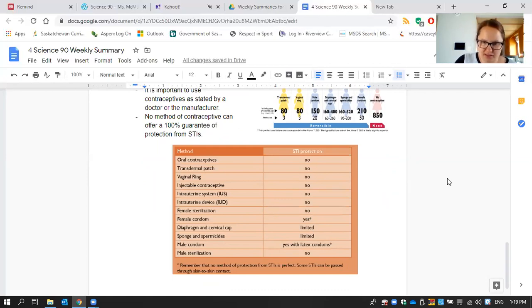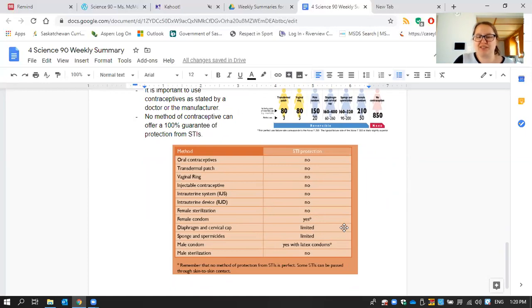The female condom would, and male condoms, if they are latex, would as well. And some sponges and spermicides, and some diaphragms and cervical caps will as well, but they are limited. And even then, they put that little asterisk beside the yes, because the system's still not perfect. There's still that chance that it could happen.